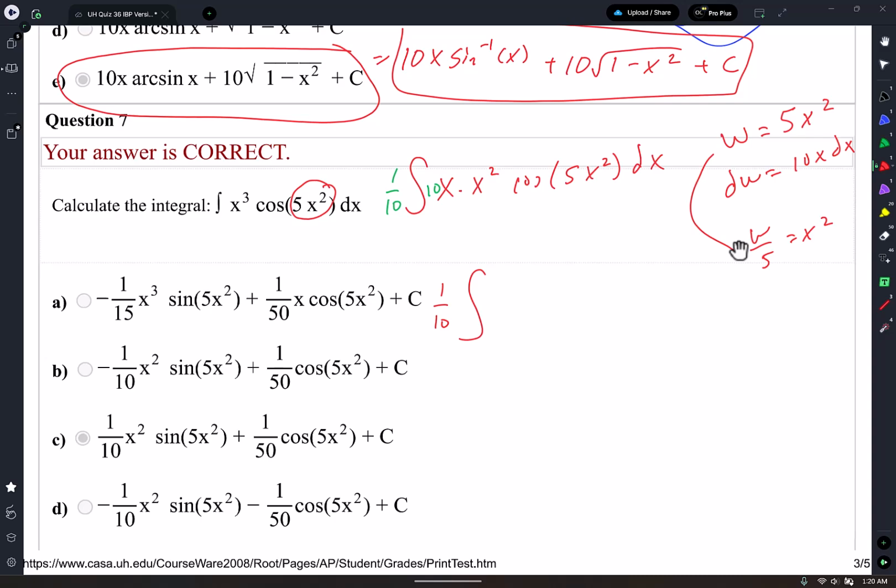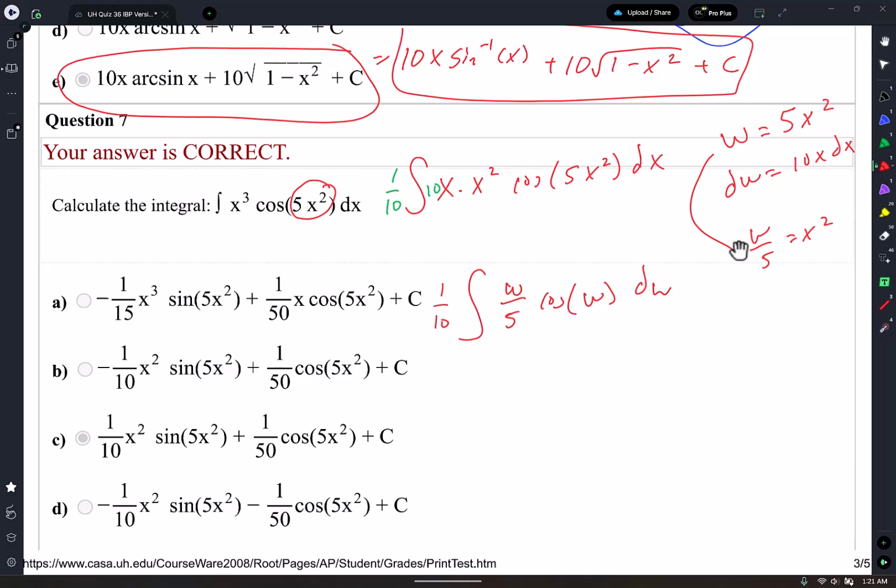The x squared is w over 5. So I'm going to write w over 5 cosine, and the 5x squared was just w. And then dw. So I think I got everything the way I wanted it to look.